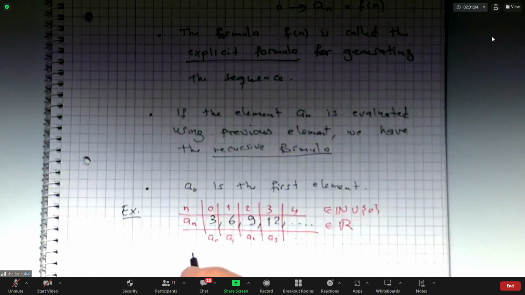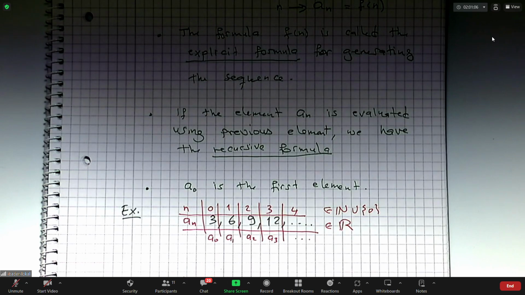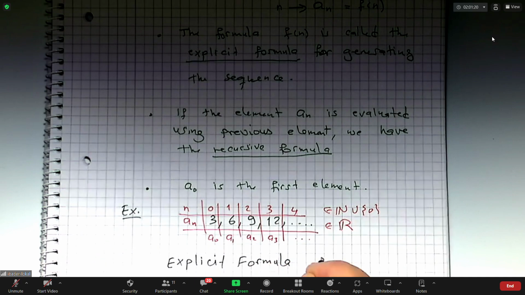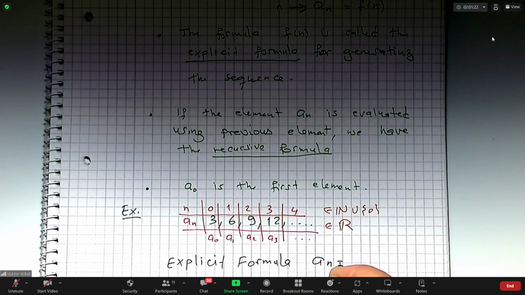Now here, how can we evaluate an explicit formula for this one? Explicit formula for this example, let me see in the chat. Explicit formula for evaluating A sub n. And let's see if we manage to even have a recursive formula.